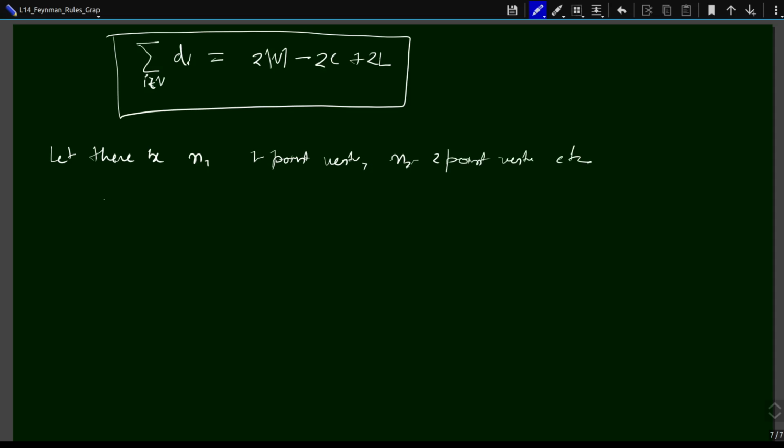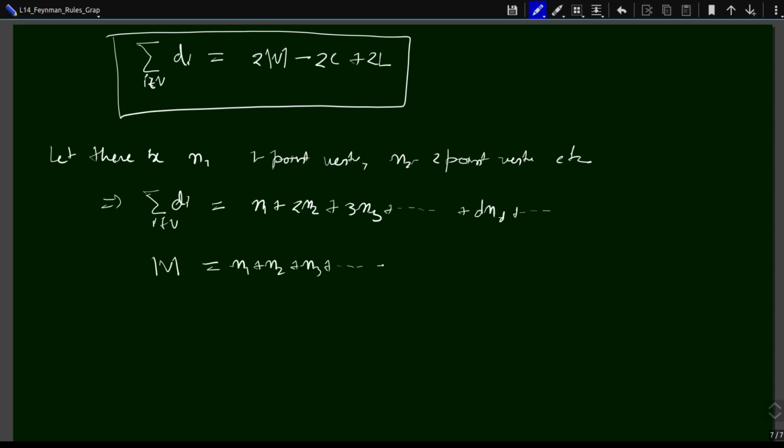Okay, then this just gives me that the sum over d_i, i element of V, is nothing but n1 plus twice n2 plus thrice n3 plus so on, plus d times n_d and so on. Okay, at the same time I know that the number of vertices is nothing but n1 plus n2 plus n3 plus so on, plus n_d plus whatever number of other vertices I have.